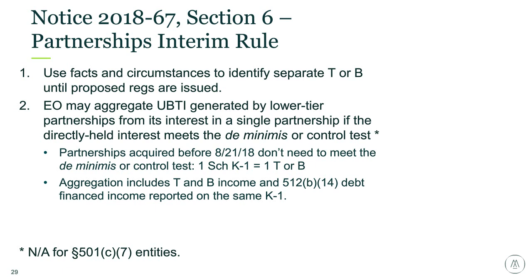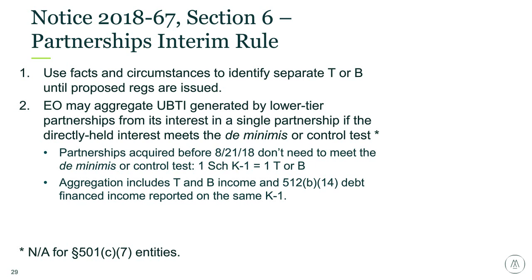If you have a partnership that was acquired after that date, there are two different tests, either-or. You can either meet the de minimis test or the control test to determine if that K-1 has significant participation. Just as a reminder, if you don't have significant participation, you can lump together that K-1 income, all of it, every line on that K-1, as investment activities.